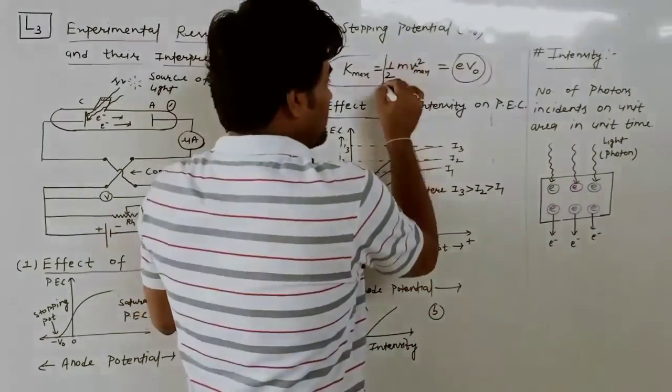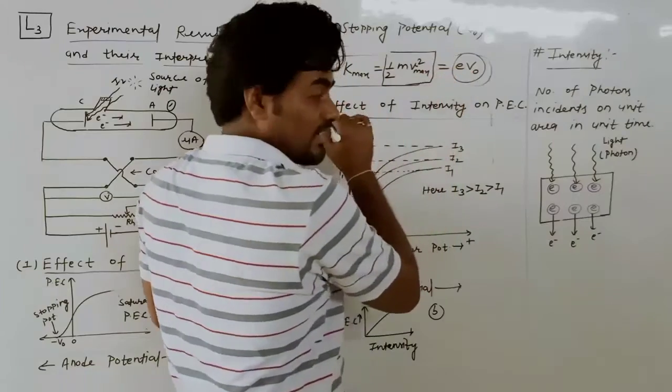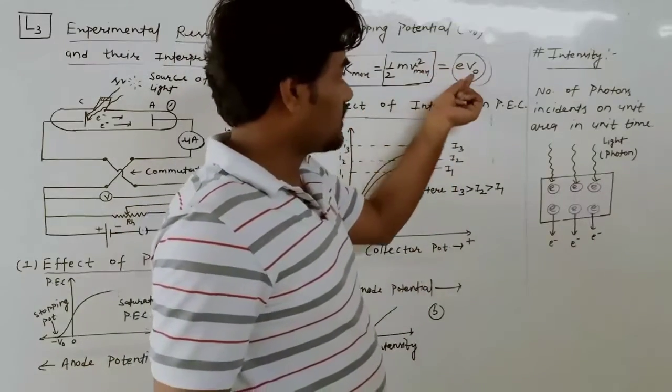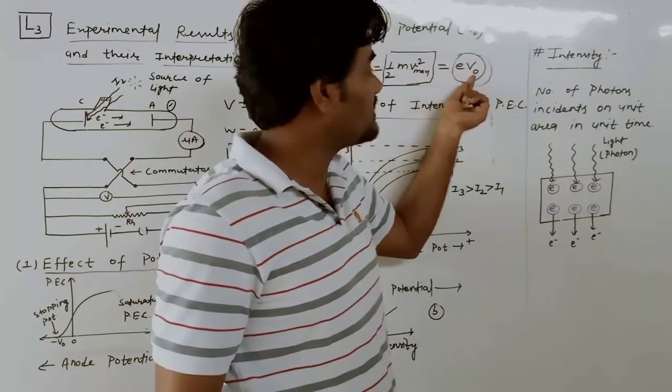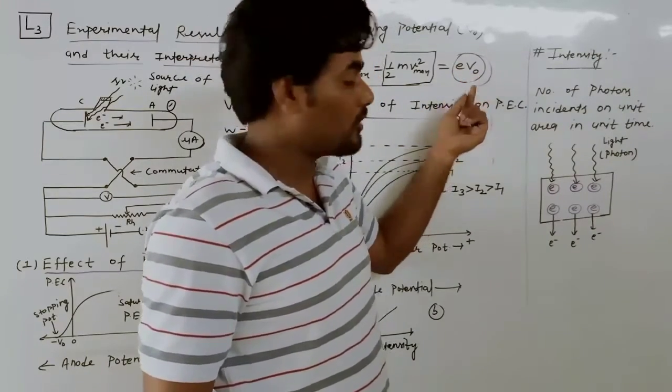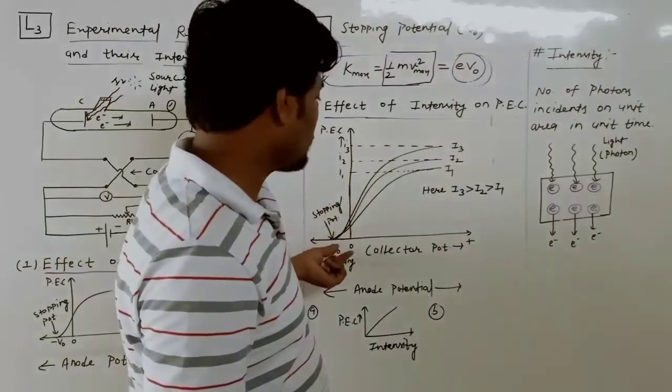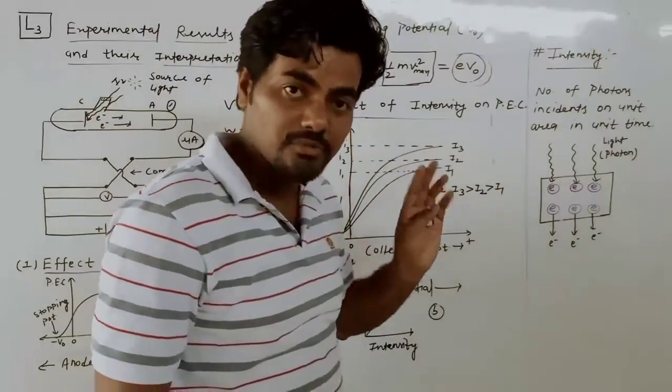Since the kinetic energy remains unchanged on increasing the intensity, there is no need of changing the stopping potential. Hence we can say that the stopping potential does not depend upon the intensity of the light.